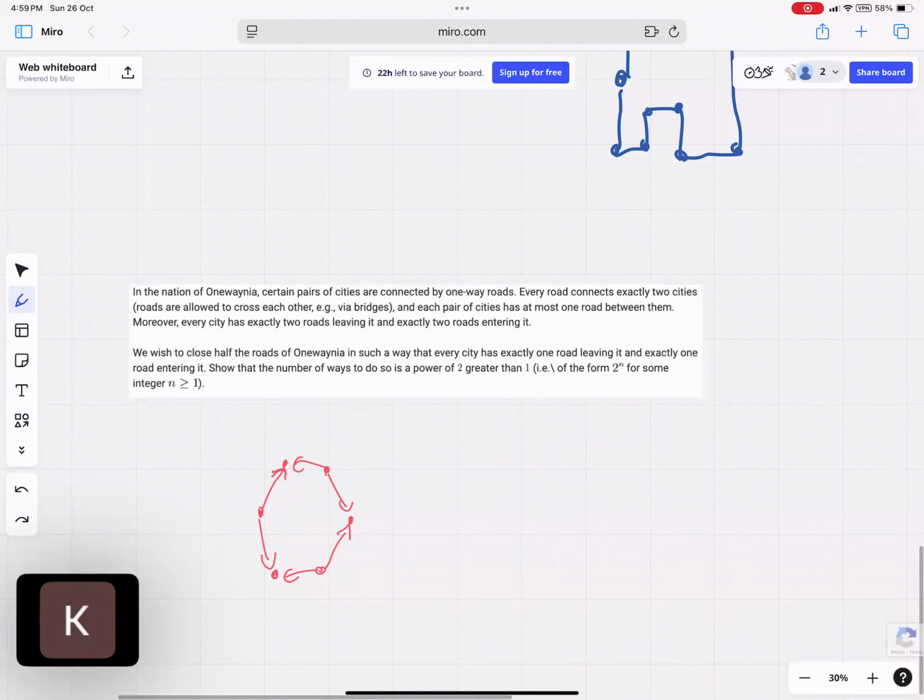And conversely, a union of cycles satisfies the condition of the chosen graph. Yes, directed cycles. So the number of ways of choosing is exactly the number of ways of choosing a subgraph which is a union of cycles.